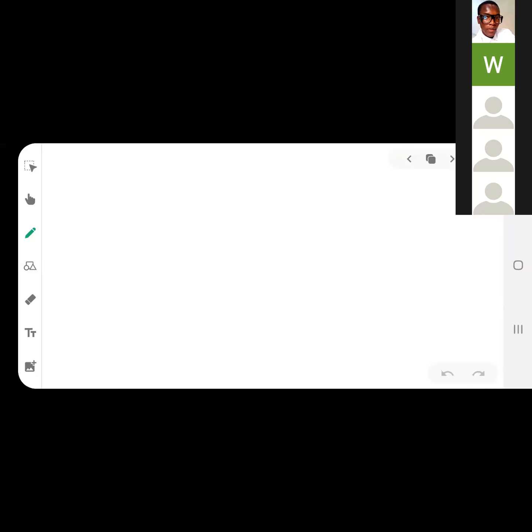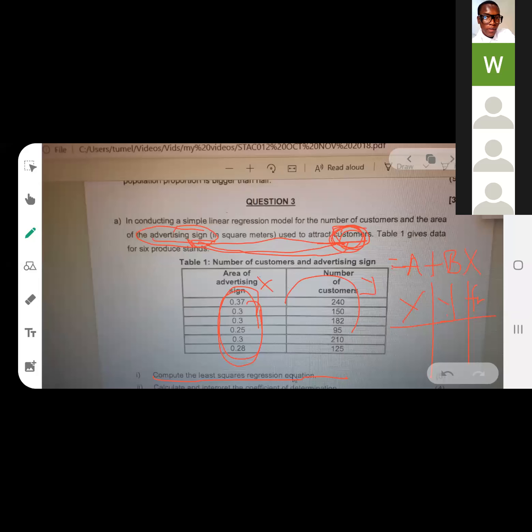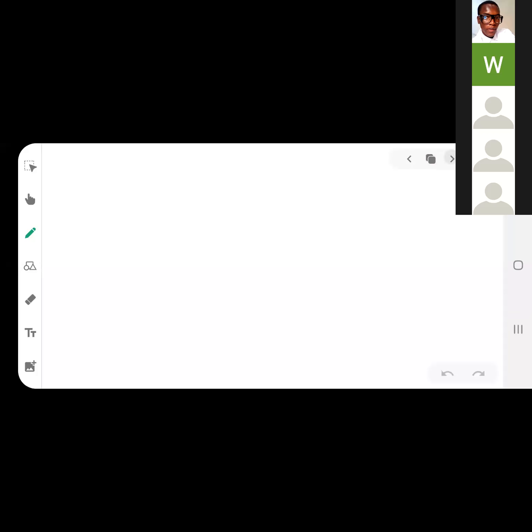So, like I said, the first question says we are computing the simple linear regression equation, or the least squares regression equation. It's this equation here. For you to get this, you need to have your B0 and your B1.